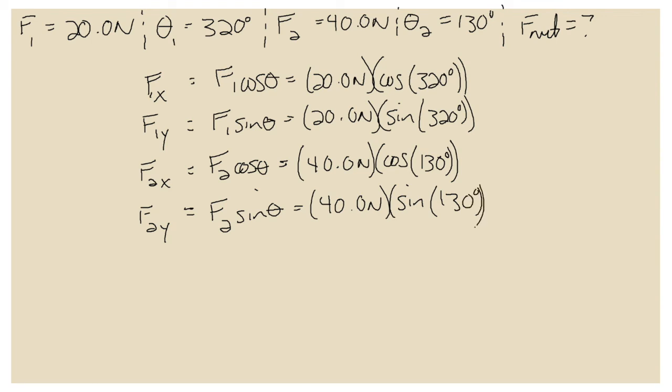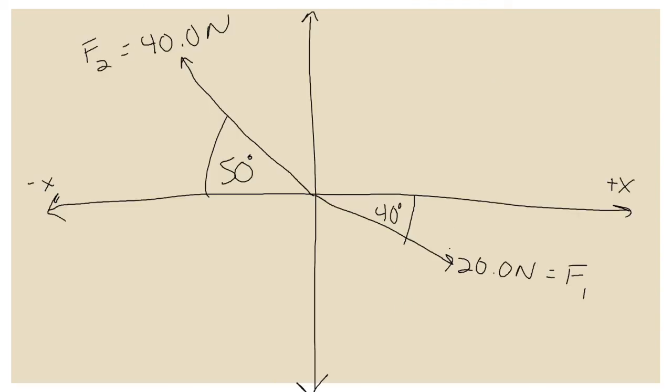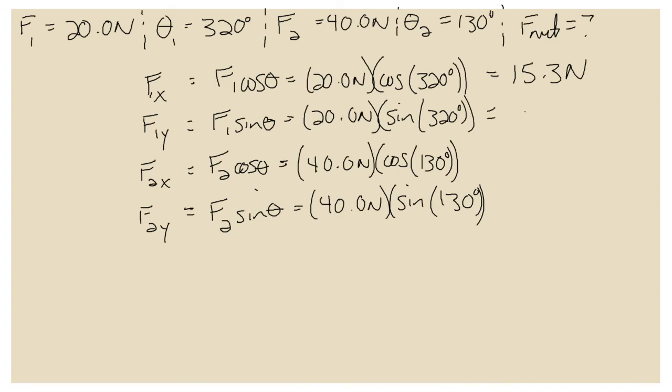And so if you do that math, 20 times the cosine of 320 should be 15.3 newtons. 20 times the sine of 320, notice that vector is pointing down, so we'd hope that it'll come out as negative. And it does, in fact. You get negative 12.9 newtons.